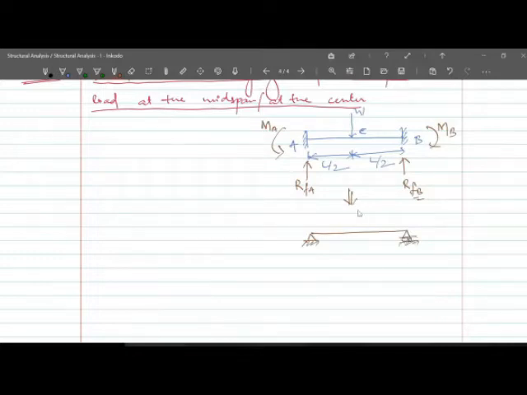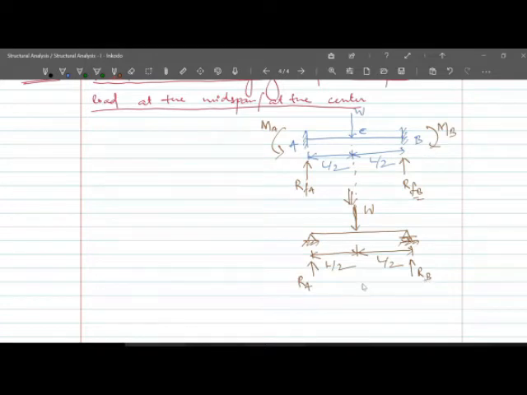Okay, so this is a simply supported beam, and we will have a point load here. That same point load, and again the distance from here to here is L by 2, and from here to here is L by 2. Now here we have the reaction Ra, here we have the reaction Rb.